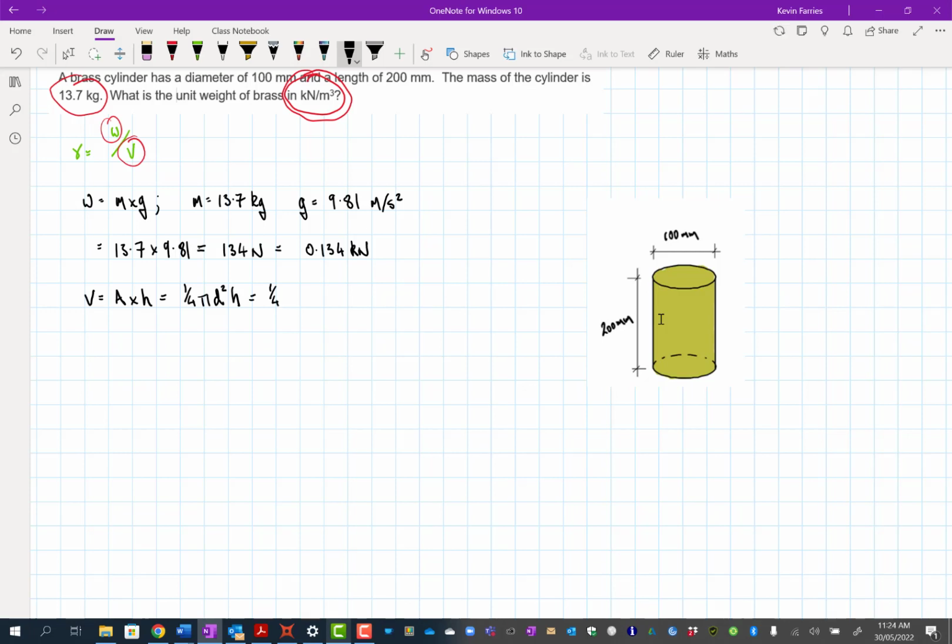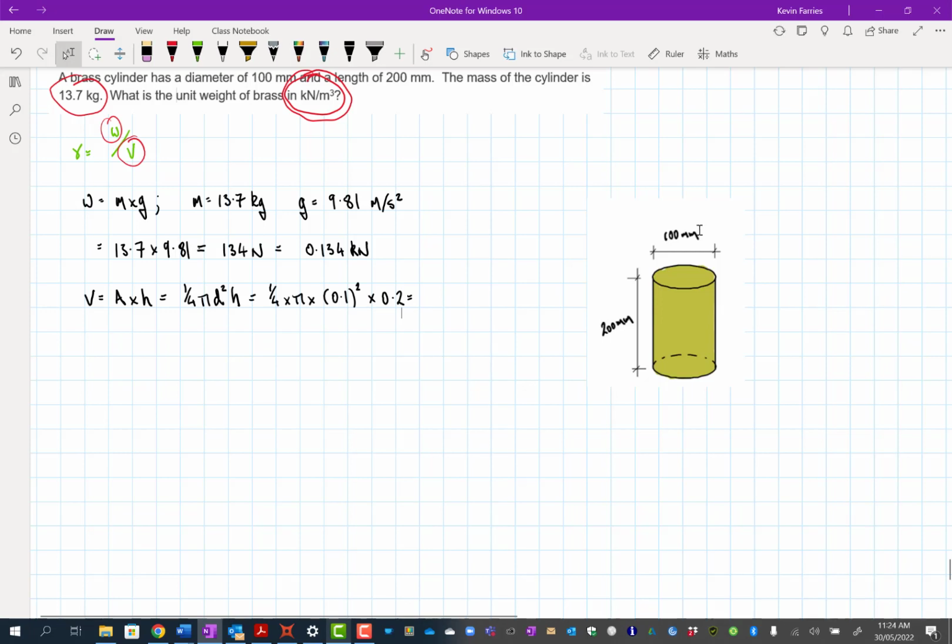So it's 1/4 times pi times... Now, again, I'm thinking forward. We're going to need meters cubed in the end. So just to make things easy, I'm going to convert these dimensions to meters now to save me doing it later. So that's going to be 0.1 squared times 0.2 meters.